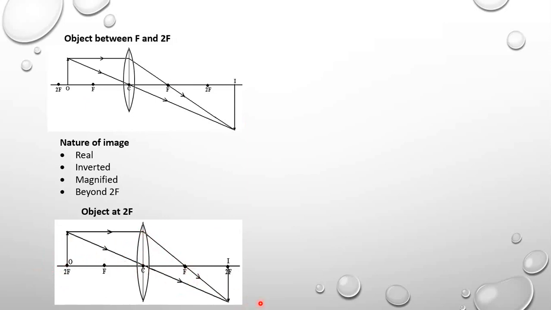A ray passing through the optical center goes undeviated, and it meets at this point. These two rays meet at this point, and therefore the nature of the image is going to be real, inverted, the same size as the object, and at 2F.